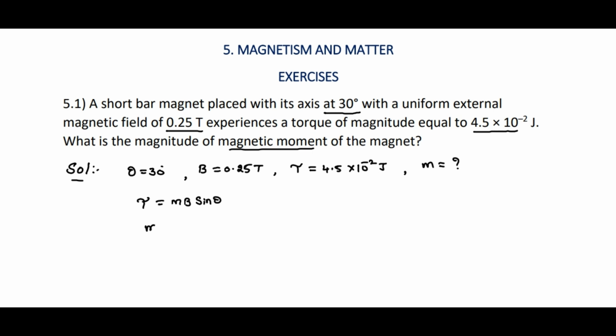From this, m is equal to tau divided by B sin theta, that is equal to 4.5 into 10 power minus 2 divided by 0.25 into sine of 30 degrees. After simplification, we will get 0.36 joule Tesla inverse or joule per Tesla.